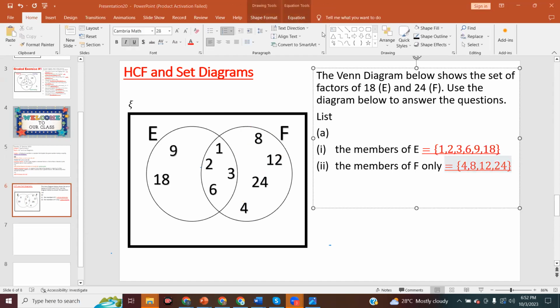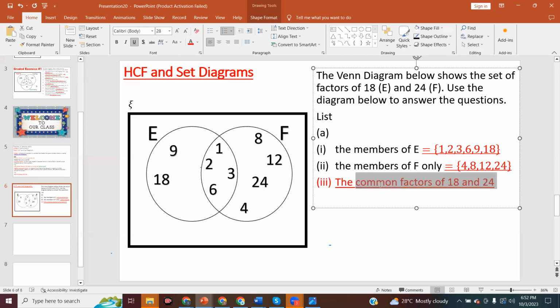Okay, so the next question says we want the common factors of 18 and 24. So list the common factors of 18 and 24.